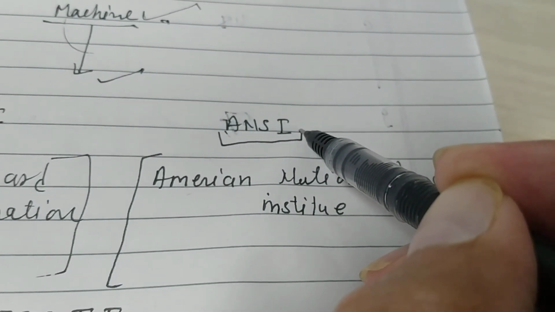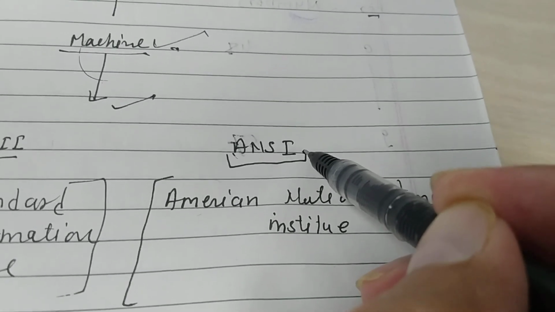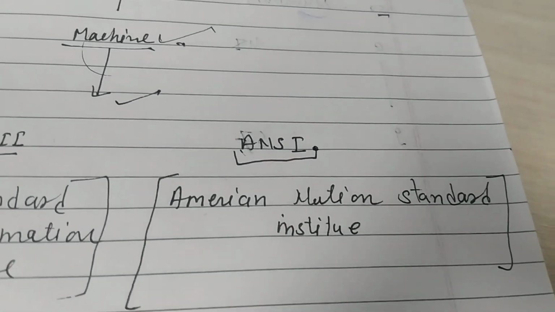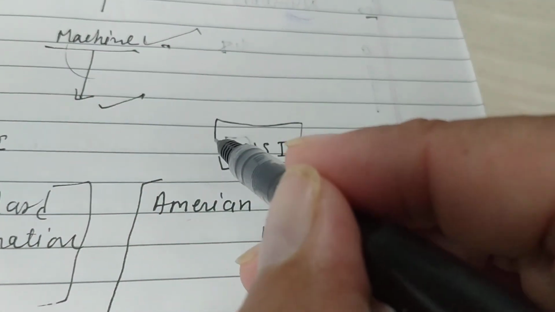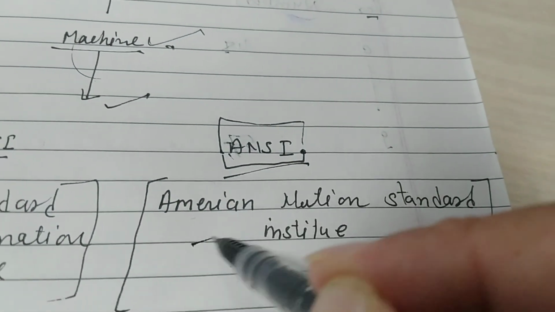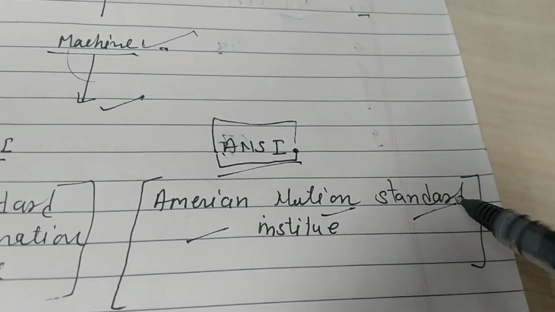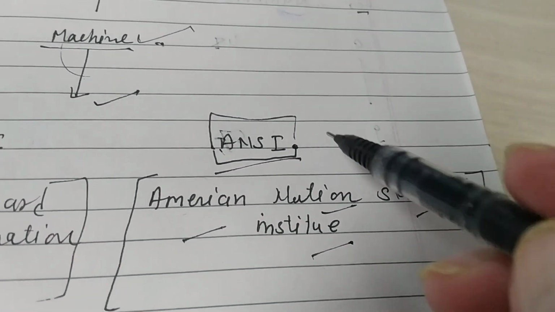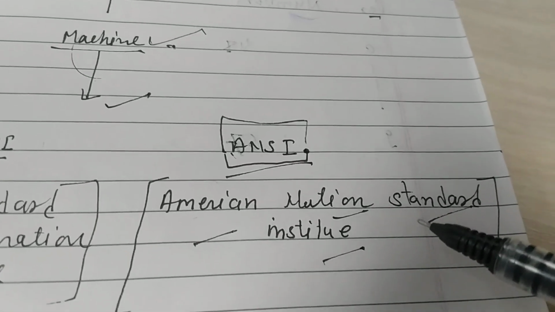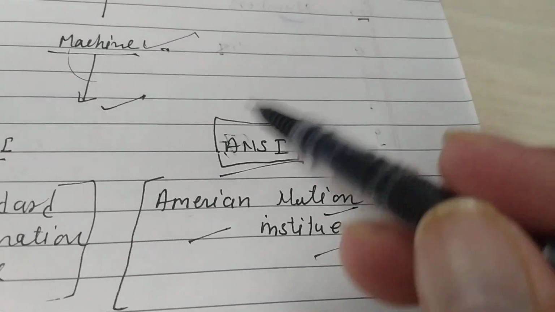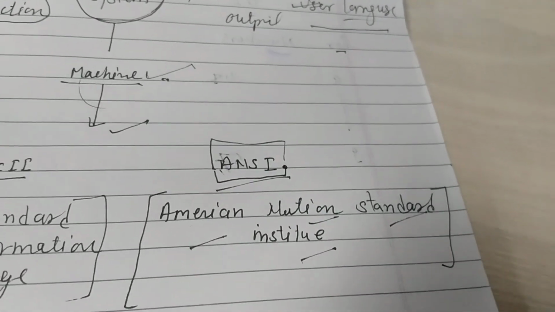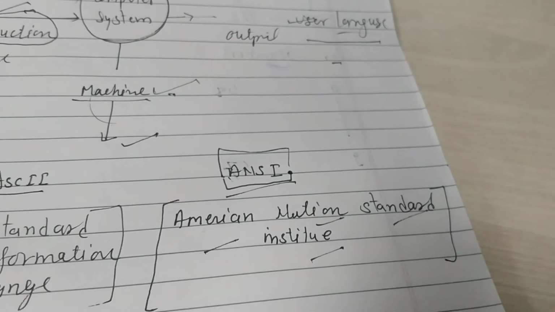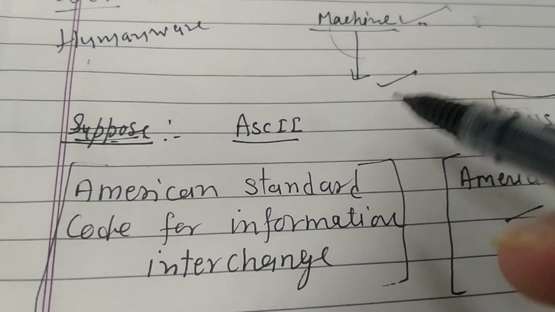Students, the computer was first created by Americans. In America there is an institute named the American National Standards Institute that created the computer and its languages. This institute created a code, and that code is called ASCII.